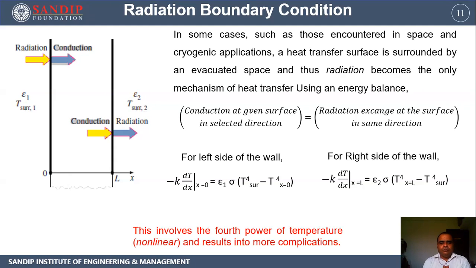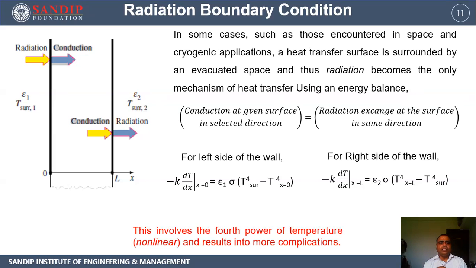Now, what is the problem with this radiation boundary condition? It involves the fourth power of the temperature, and because of that this boundary condition is non-linear. That's why the equations we get through these boundary conditions are difficult to solve and result in more complications. So most of the time in routine applications, except space or cryogenic applications, we can simply ignore the radiation and consider only the convective boundary conditions.